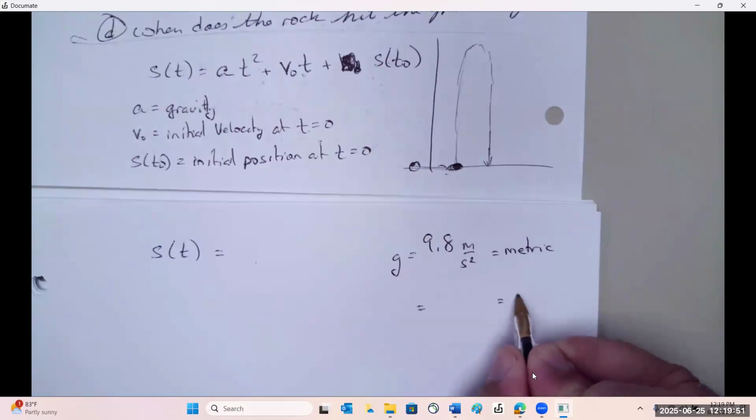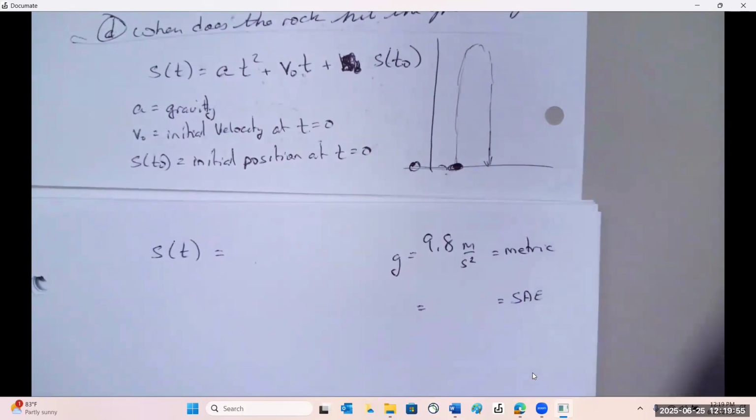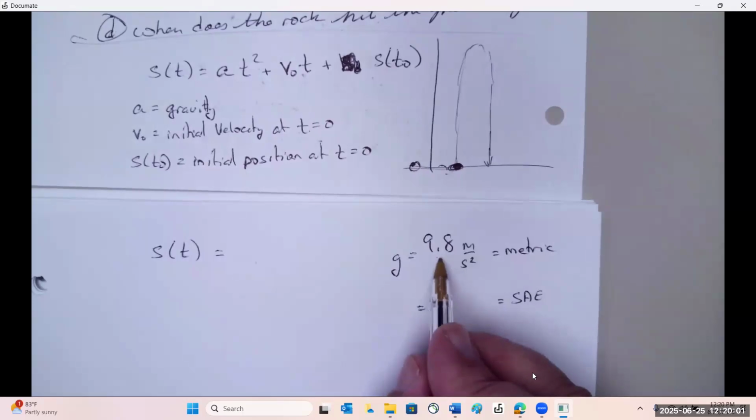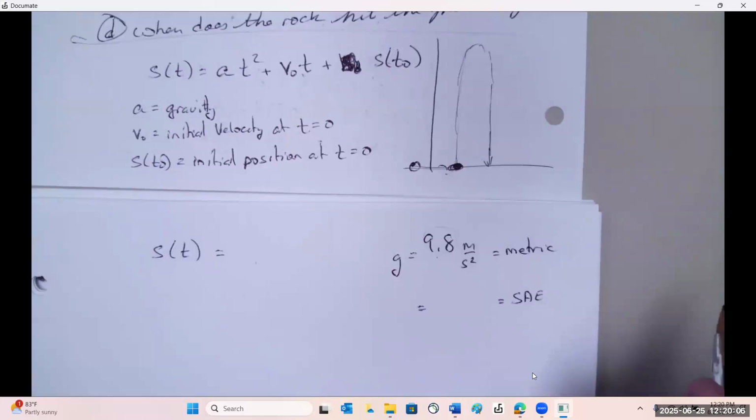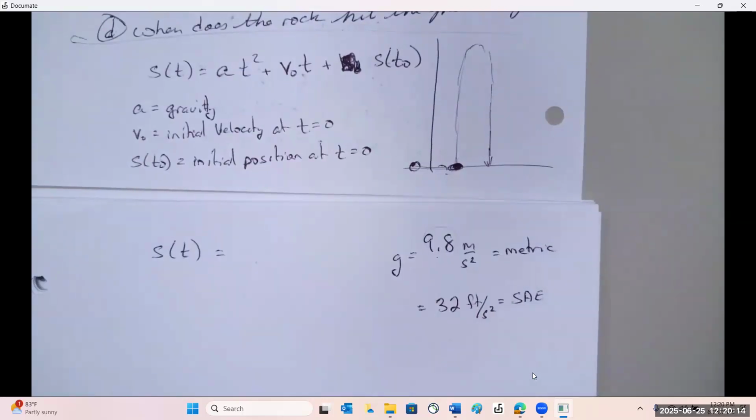Gravity for our system of measurement, which is feet, inches, yards, is basically multiplying this by 3.2. It's going to give you 32 feet per second squared. That's gravity.